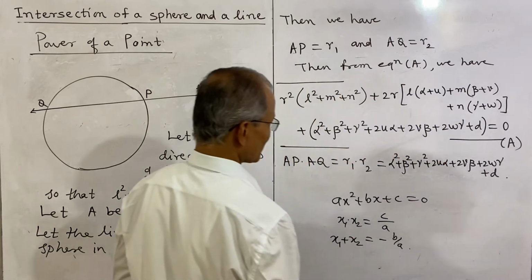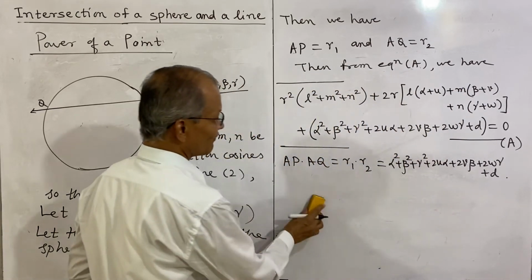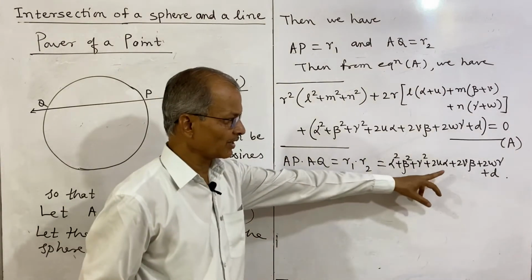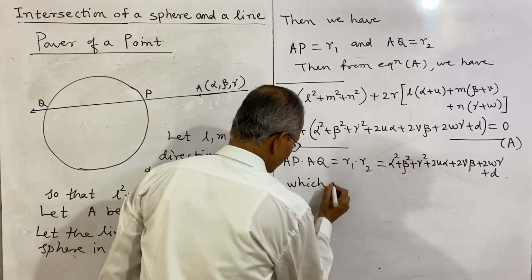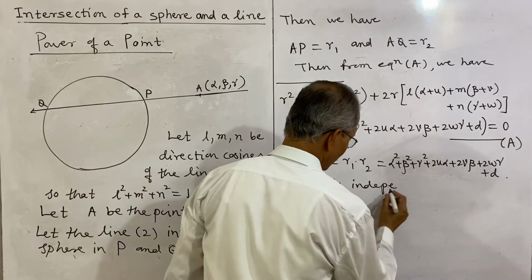This is R1 into R2, and it is independent of L, M, N. There is no term of L, M, N in this.